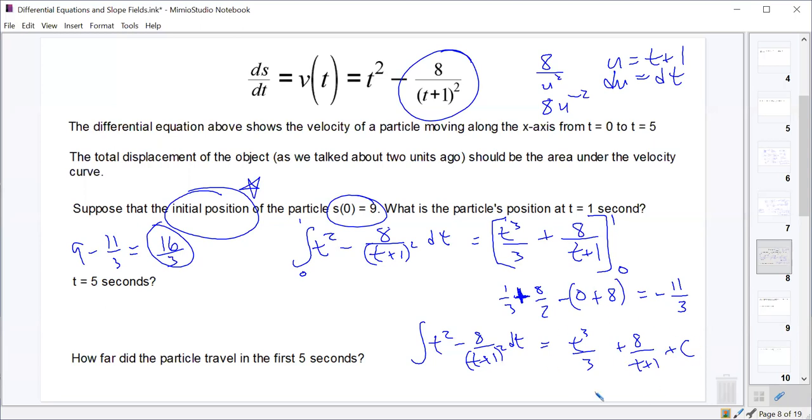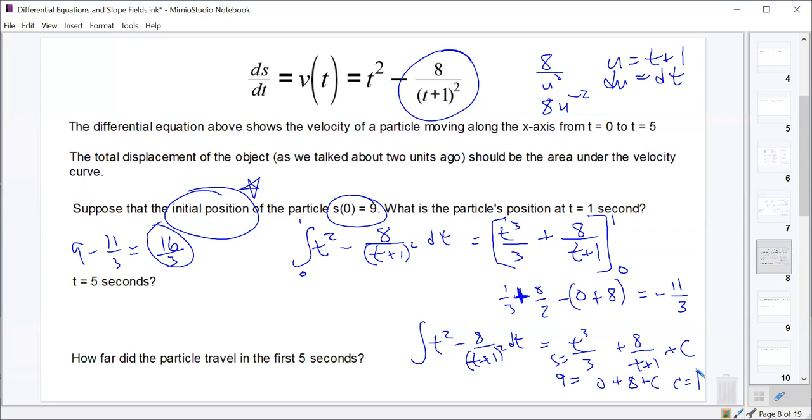And we could have solved for the constant. This would be a position function, s equals t cubed over 3 plus 8 over (t plus 1) plus c, and plugged in our 0 for t, 0 plus 8 plus c equals 9, and gotten a constant of 1.